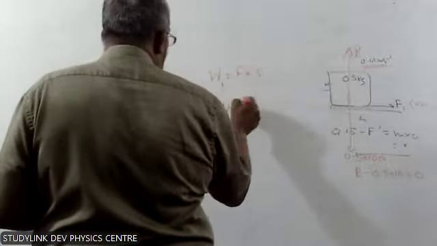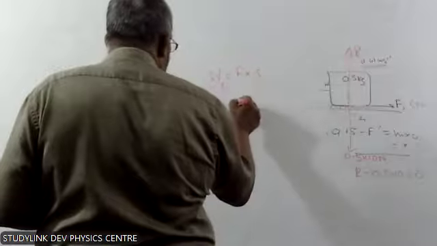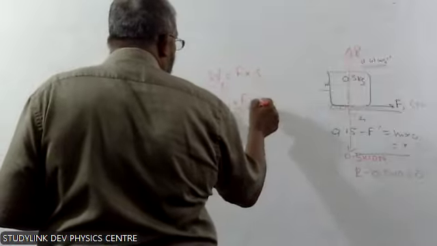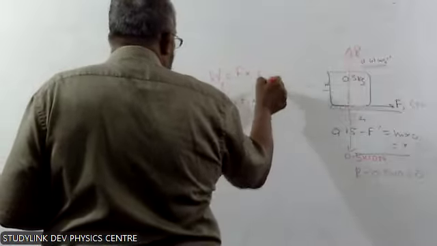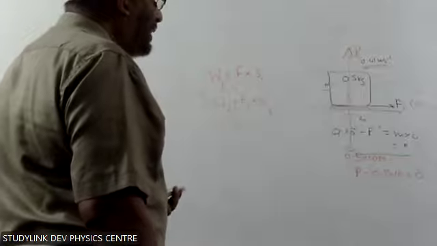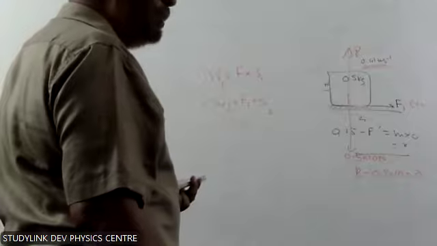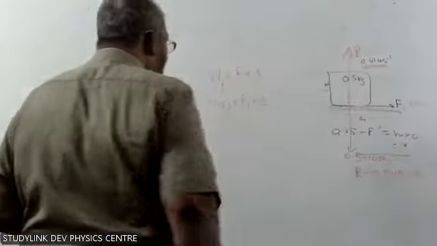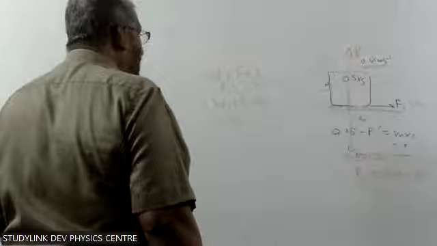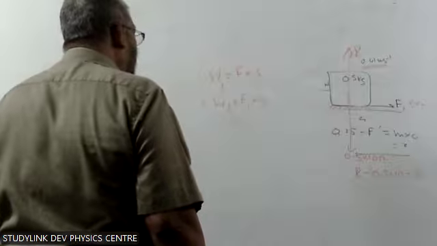W1, W2, first situation, second situation: F1 into S1, S2 like that. But they are moving at the same velocity, so S1, S2 are the same. That can be found how?